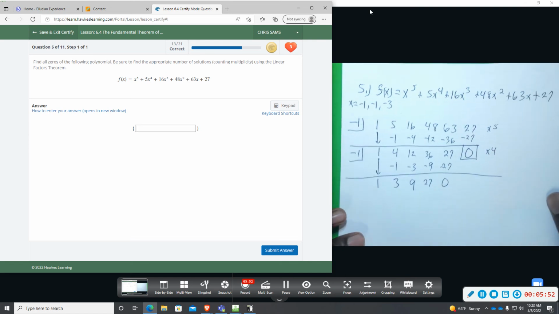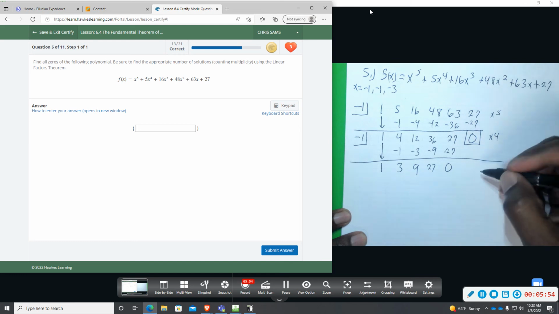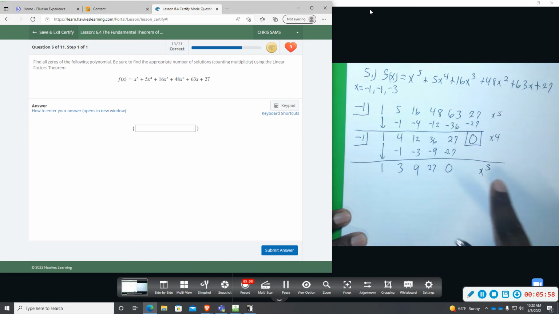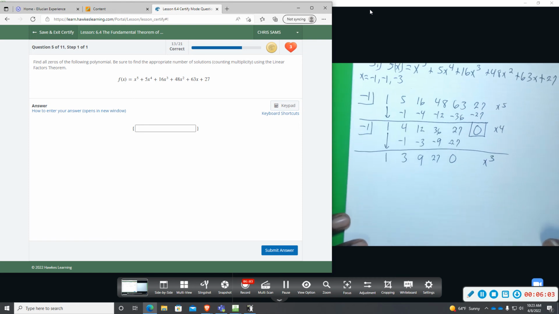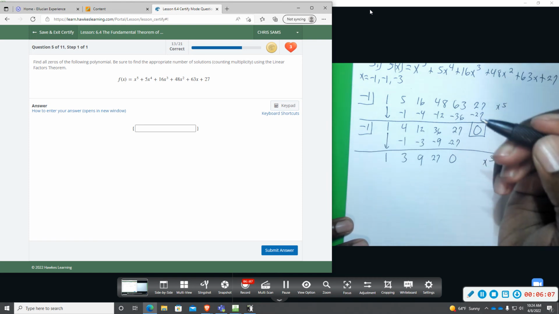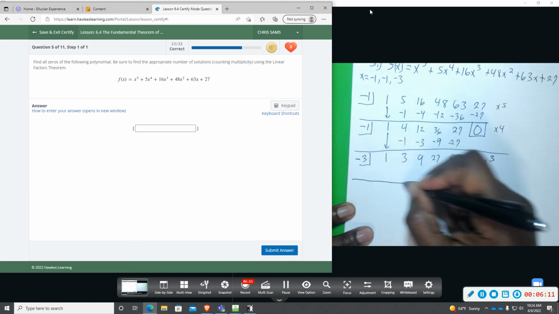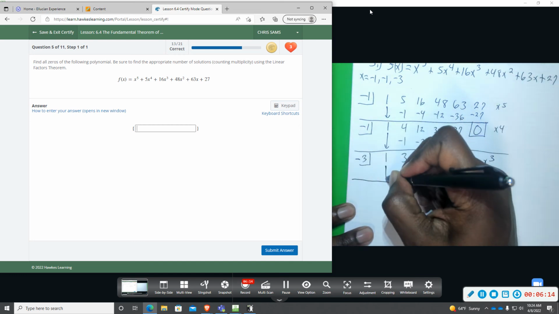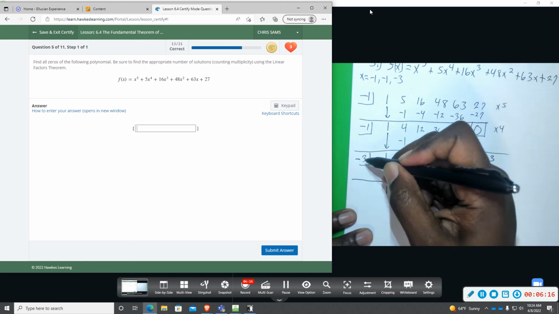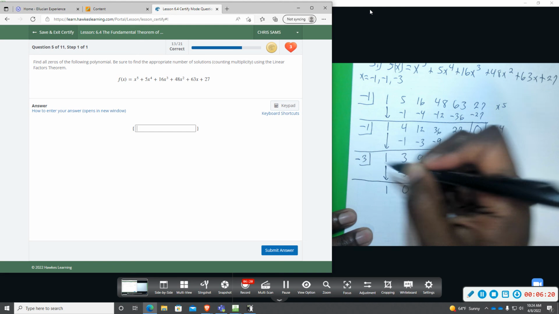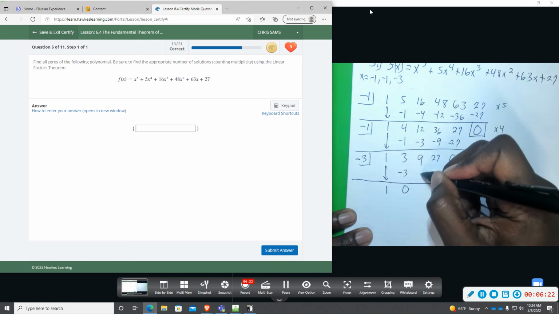Okay, so -1 worked twice, so this is now an x to the 3rd degree, and we've got to keep doing this until we get to x squared. When we get to x squared, we have a method for solving, which is the quadratic formula, so we will do that. So now I'm going to try -3. Just continue from that. Bring down the 1. And we're going to do -3 times 1, which is -3. Combine 0. -3 times 0 is 0.